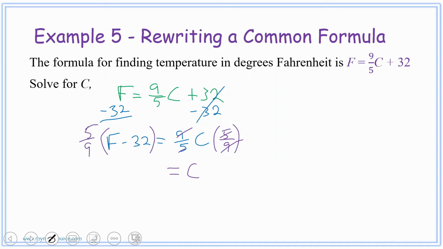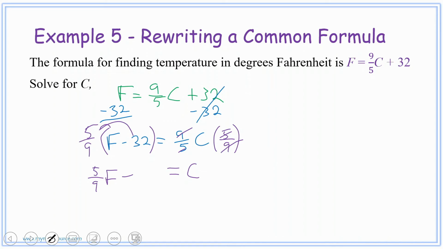And you can either leave it like this, 5/9 times the quantity F subtract 32, or you can distribute the 5/9 into the quantity. And if you do that, 5/9 times F, remember, multiply each one, you have 5/9 times F, subtract 5/9 times 32. Now you can go ahead and simplify that all together, or you can just rewrite that 5/9 times 32.